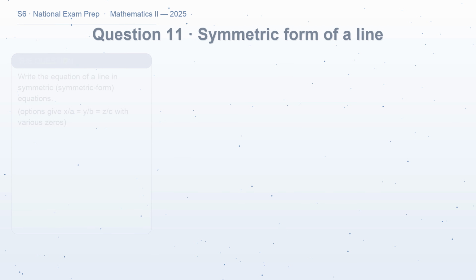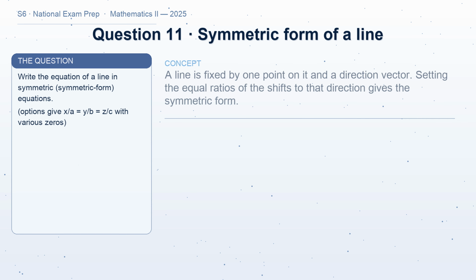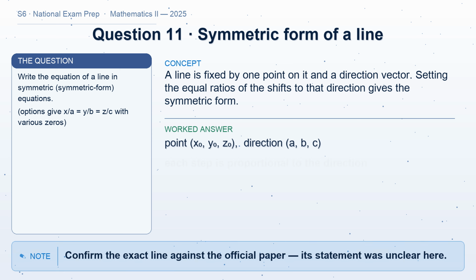Question 11. Write the equation of a line in symmetric form. A line in space is fixed by 2 things, one point that lies on it and a direction vector telling us which way it goes. Call the point x0, y0, z0, and the direction A, B, C. As you move along the line, each coordinate changes in step with its direction component, so the shifts are all in the same proportion.